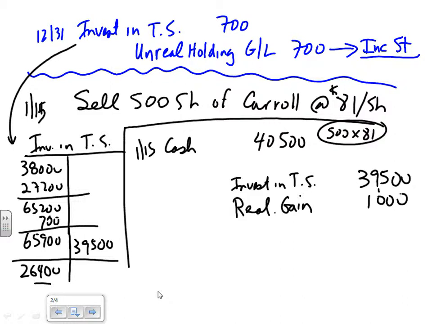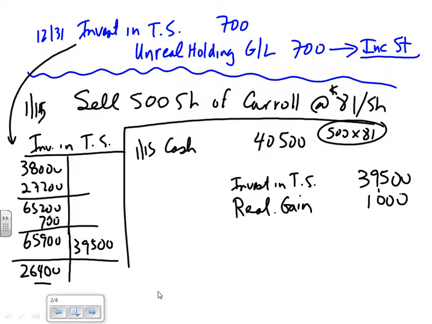All right, so when I do trading securities, because realized gains and losses are no different than unrealized holding gains and losses, when we calculate those at the end of the period, the realized gain is simply the difference between the sale price and the previous fair value or the previous amortized cost of the asset.